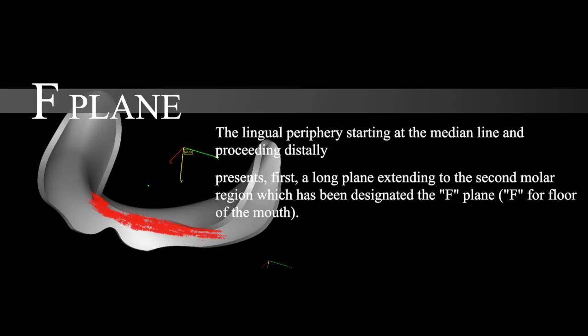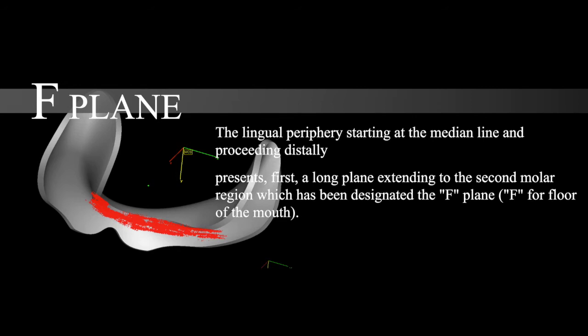The next one is the F plane. The lingual periphery starting at the median line and proceeding distally presents first a long plane extending to the second molar region, which has been designated the F plane. F means floor of the mouth.